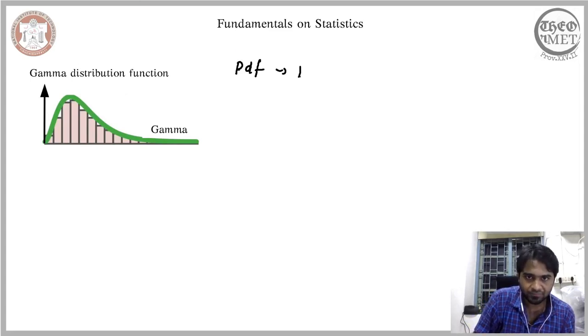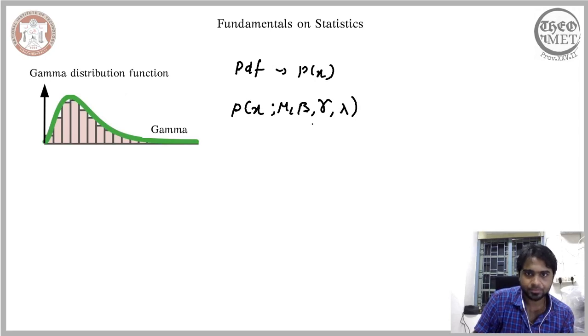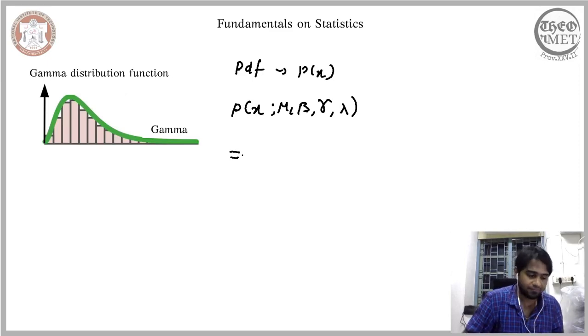The probability density function P of x of a gamma distribution is dependent on several parameters. It is governed by the variable x, and it is influenced by several parameters like mu, beta, gamma and lambda.